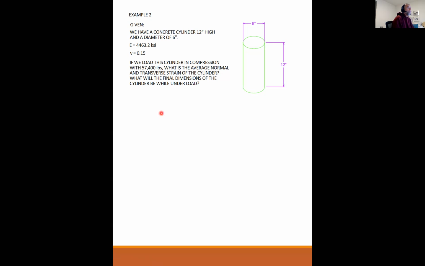My solution. Okay, so first of all, stress is equal to P over A. So I got 57.4 kips over pi r squared gives me, and this is negative. I know there's no negative here, but you have to recognize that this is negative because this is compression. So my stress is negative 2.030 KSI, negative due to compression.